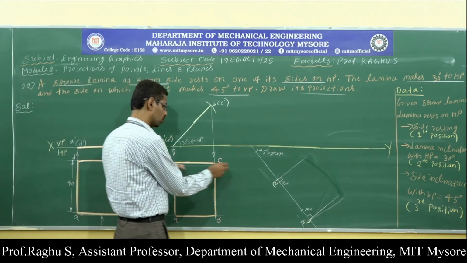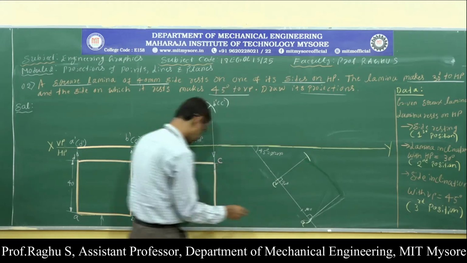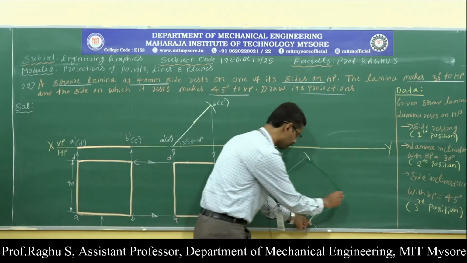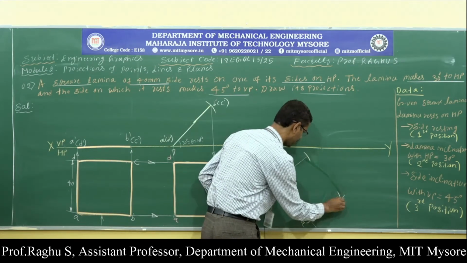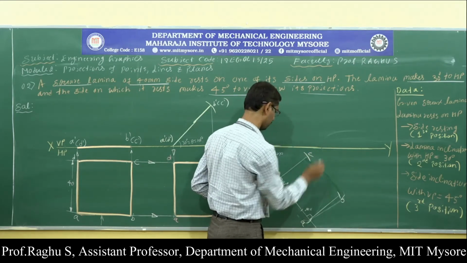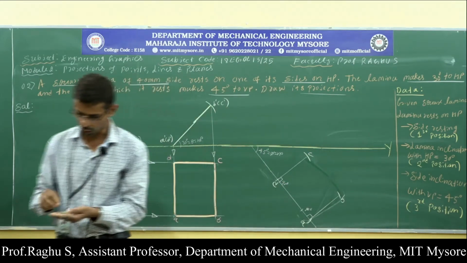Next, measure the distance from D to C, cut an arc. Measure the distance from A to B. So this is point B and this is point C. Now connect all the points.